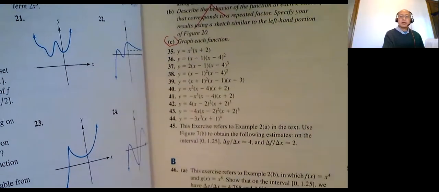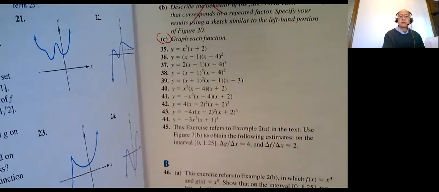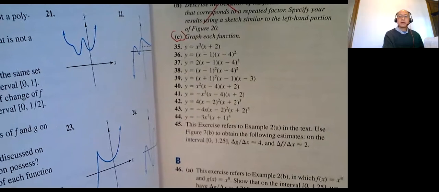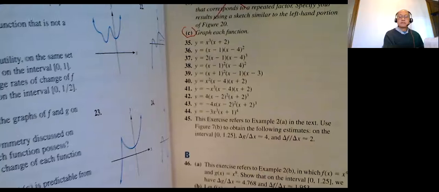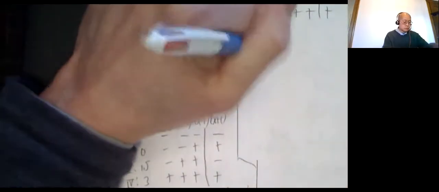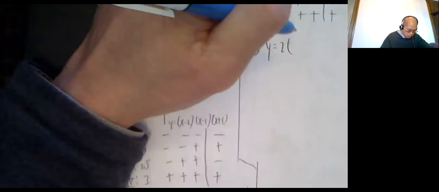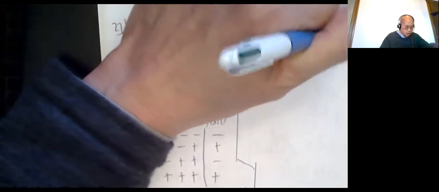Some somewhat unusual ones, but how about I'll show you 37. 2 times x minus 1 times x minus 4 cubed. So they give us an exponent sometimes.